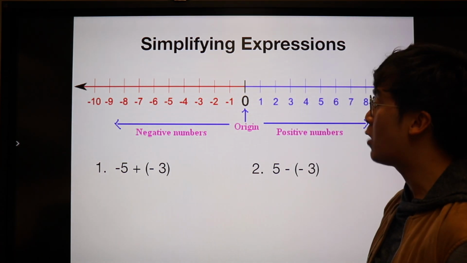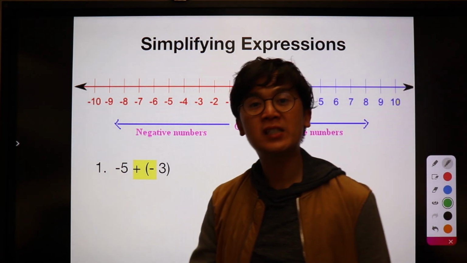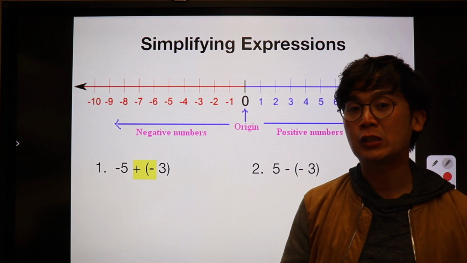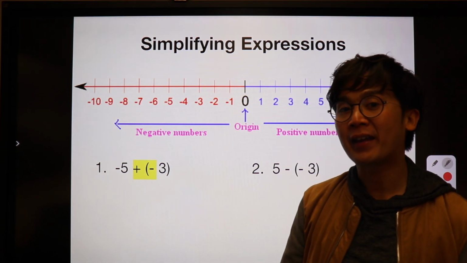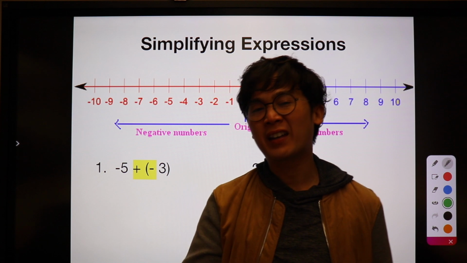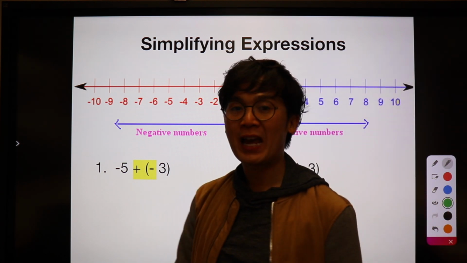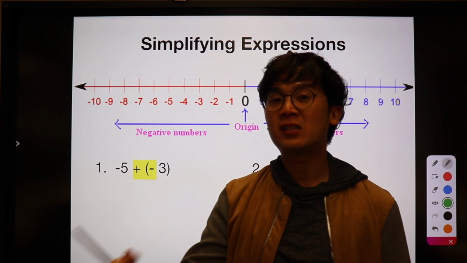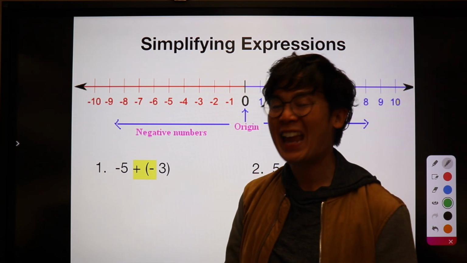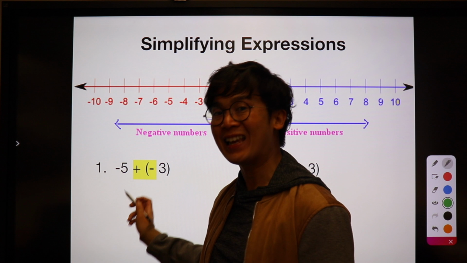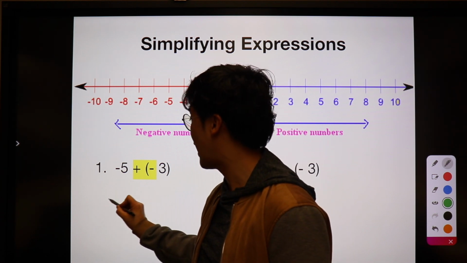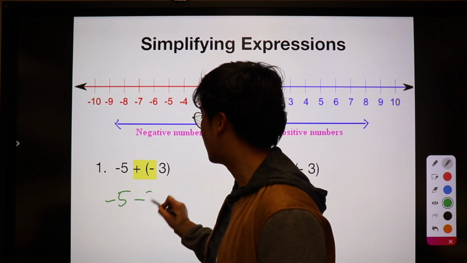In problem number 1, notice that we have a positive and a negative symbol in between the two integers. So simplifying them means we're going to be applying the multiplicative rule for integers. And we know that if we have a positive and a negative sign, the resulting sign would be negative. So simplifying this expression would look like negative 5 minus 3.